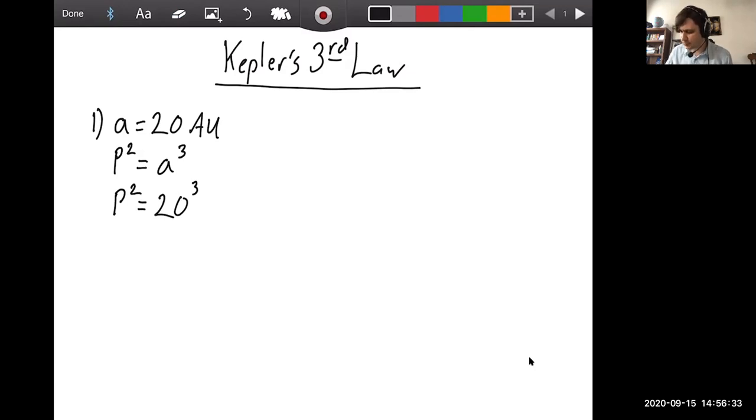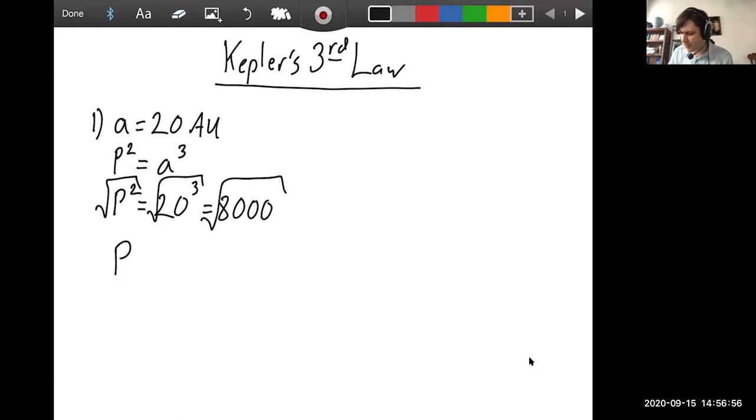What's 20 times 20 times 20? Well, 2 cubed is 8, 10 cubed is 1,000, 8,000. You might want to go ahead and use a calculator for that one. So now I have P squared equals 8,000. How do I get rid of the square? Well, I take the square root.